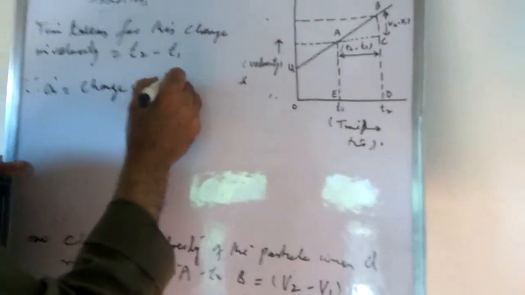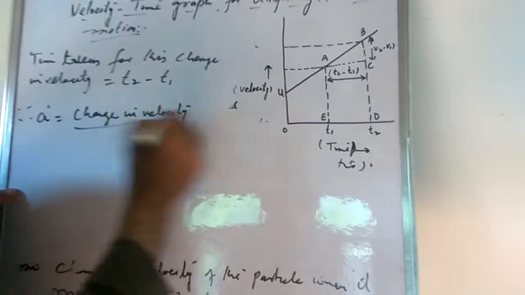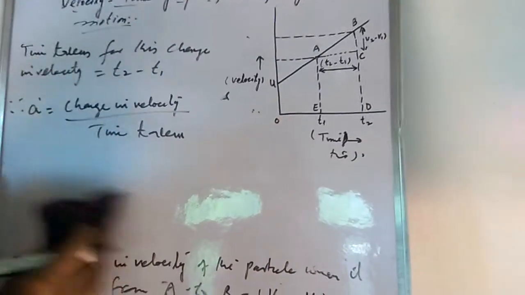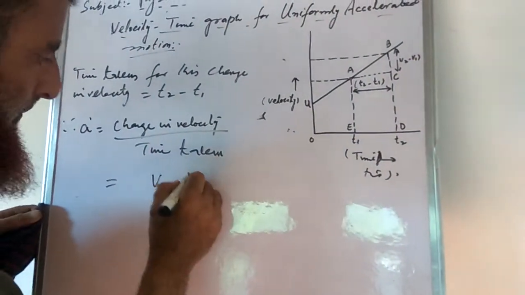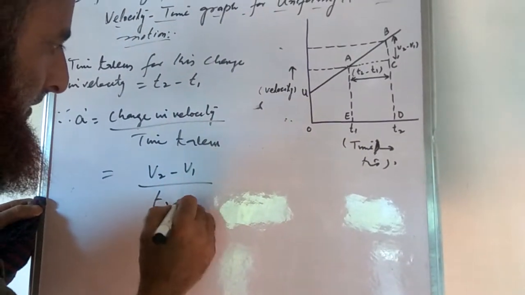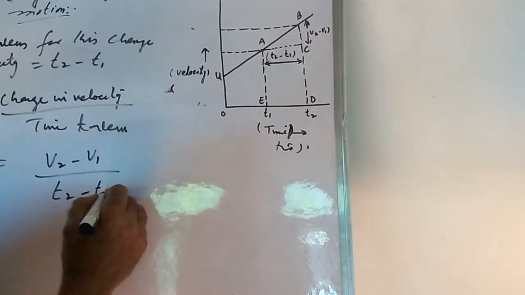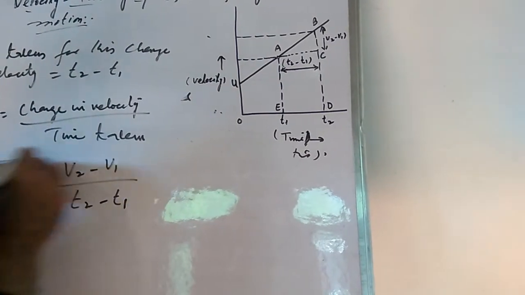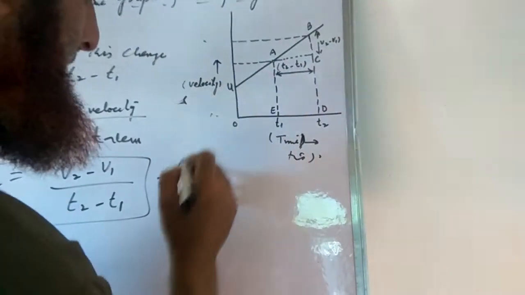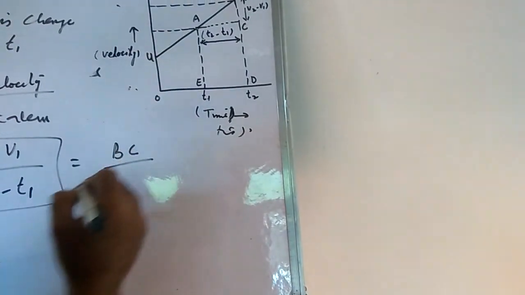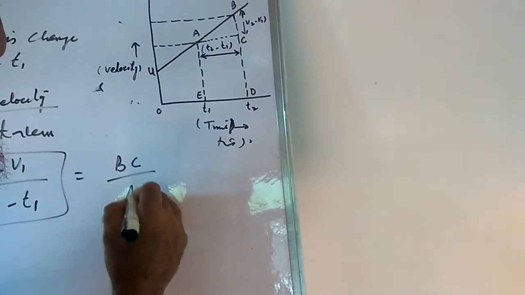Therefore, acceleration a is equal to change in velocity divided by time taken. How much is the change in velocity? That is V2 minus V1, divided by the time taken, that is t2 minus t1. Now look here, from the velocity time graph, V2 minus V1 is equal to BC, and t2 minus t1 is equal to AC.